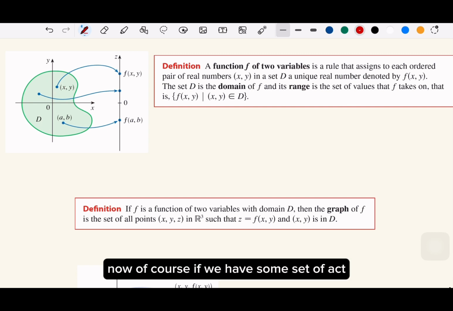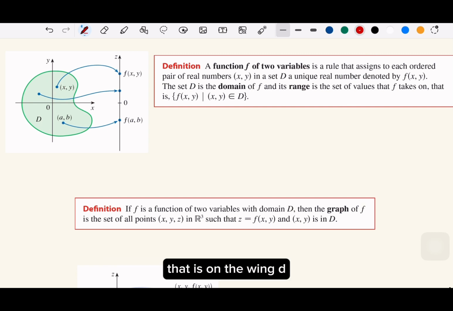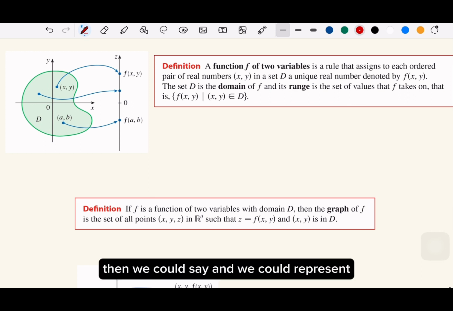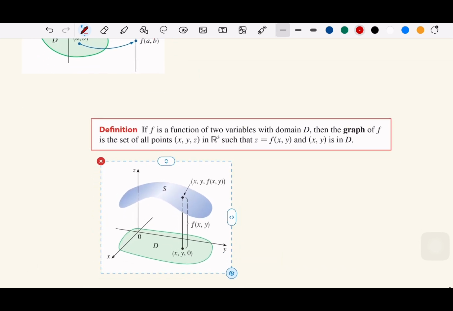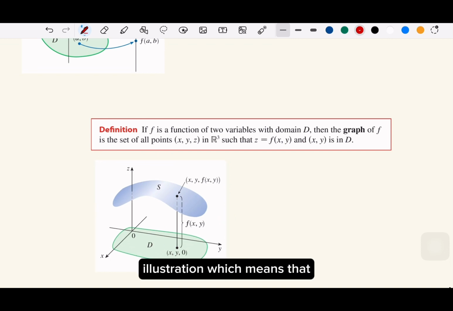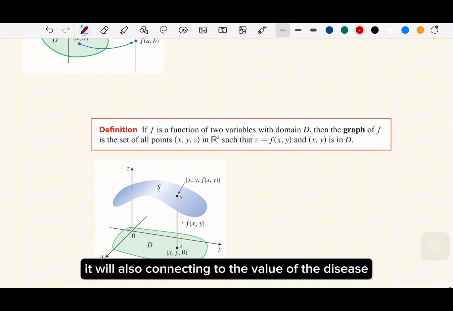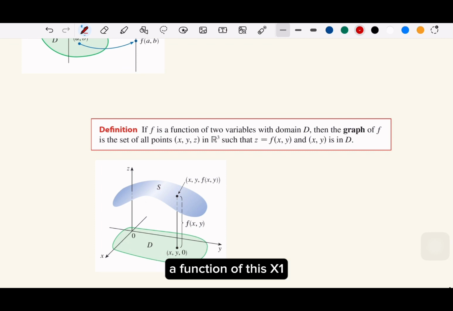Now, of course, if we have f on domain D, then the set of all x, y, z in three dimensions such that z is a function of x, y, and x, y is in the domain, we can represent in this illustration. If we set some points in D, it will also connect to the value of z, because z is a function of x, y.